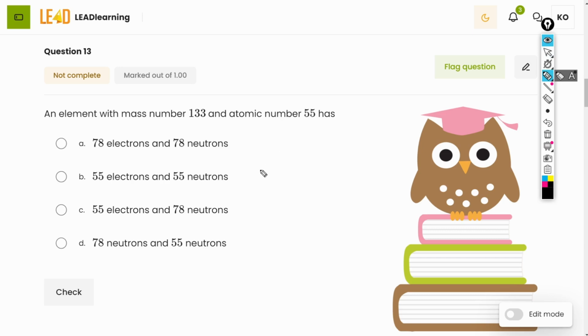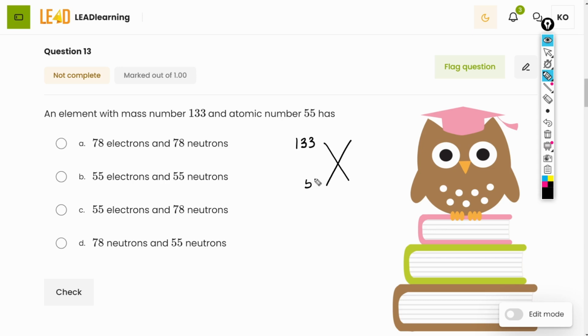Question 13. An element with mass number 133 and atomic number 55 has, okay, let's pretend that the element is X. Mass number is written at the top, so we're going to represent 133 here, and atomic number or proton number is written as the base.